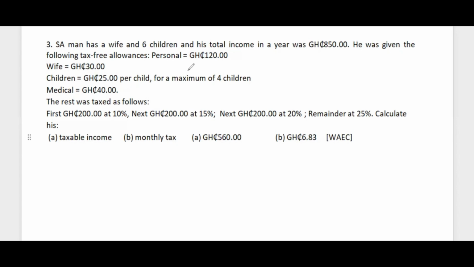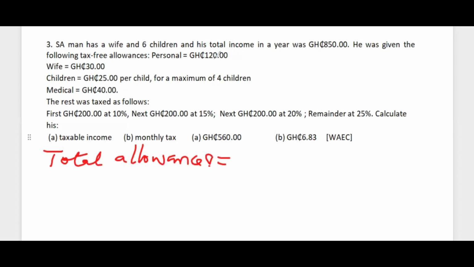First of all, calculate the total allowance. So total allowance will be, first we have the personal income allowance.